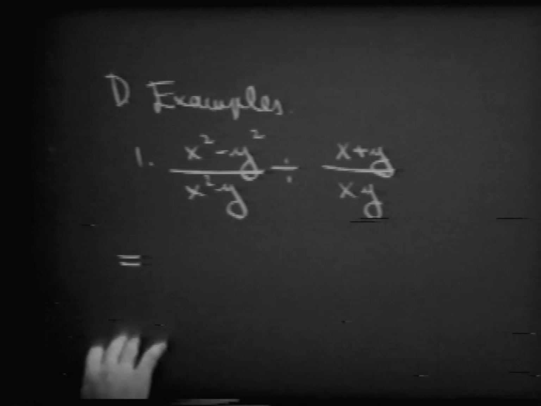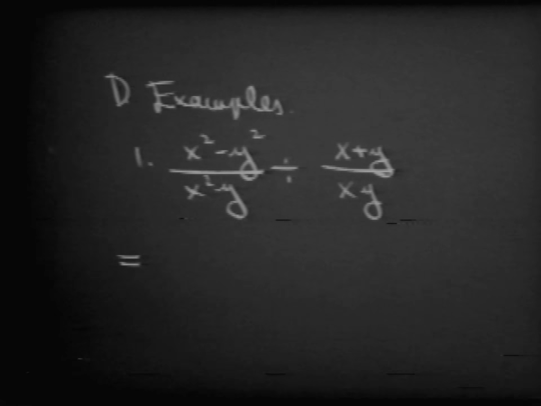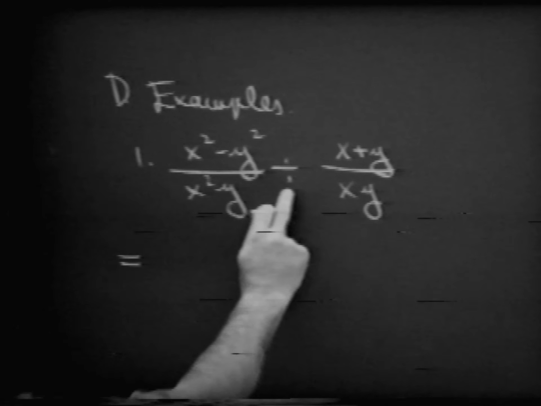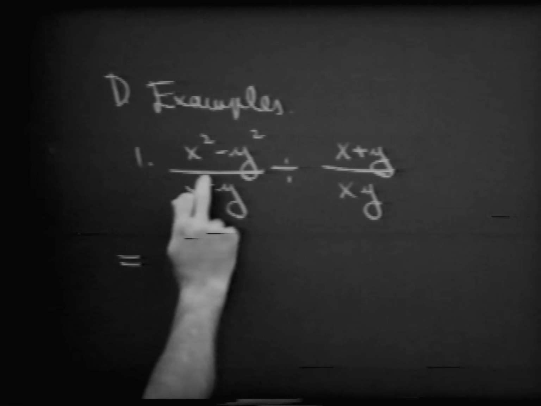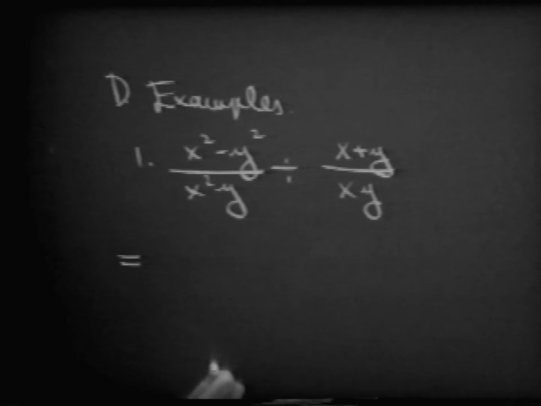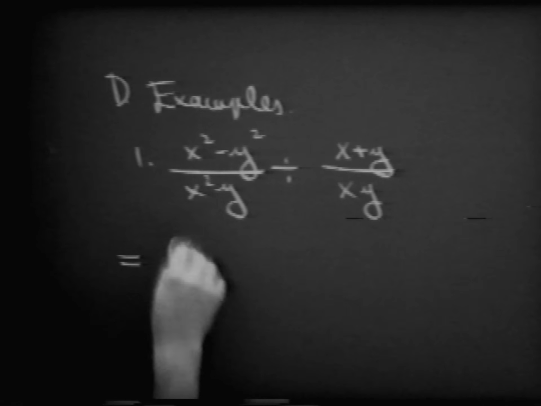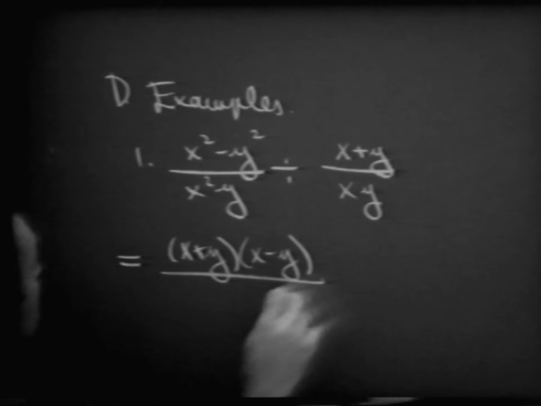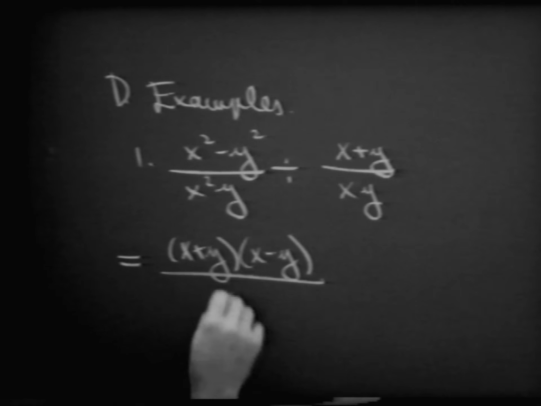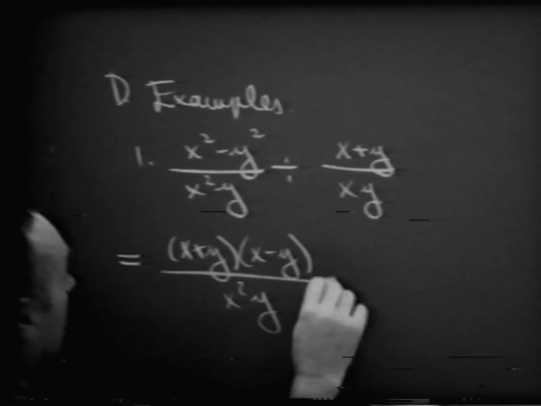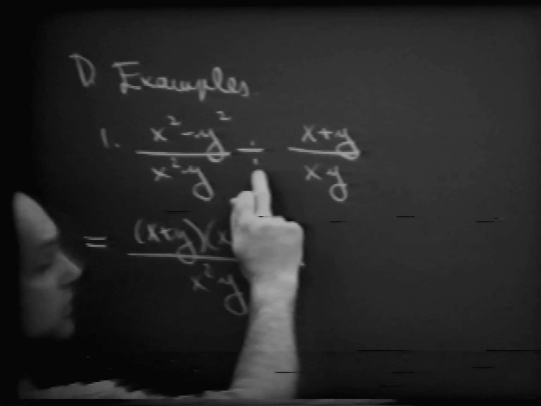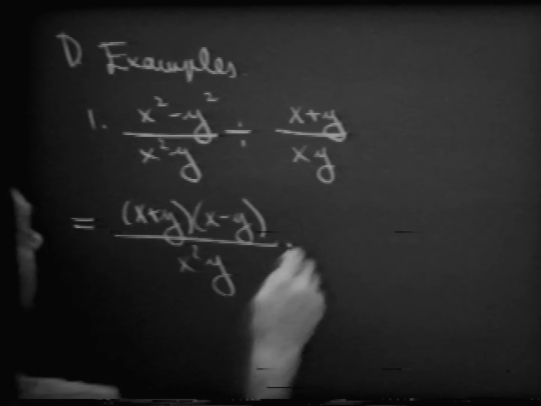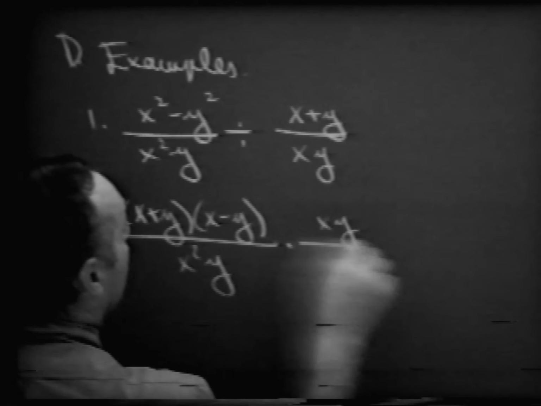We would like to set it all up in terms of factors, certainly, and then using the theorem we can invert here and multiply, if I may use that phrase. x squared minus y squared, Peter, will factor into x plus y times x minus y over x squared y. Not much we can do with that. Then let's go right into our theorem, times, Peter, xy over x plus y.